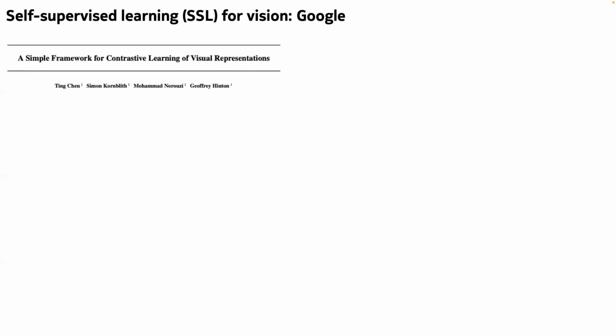There has been a growing body of literature reporting on successes in self-supervised learning for vision. Google's SimCLR first showed compelling results for computer vision using self-supervised learning, whereby no labels are required for machine learning.